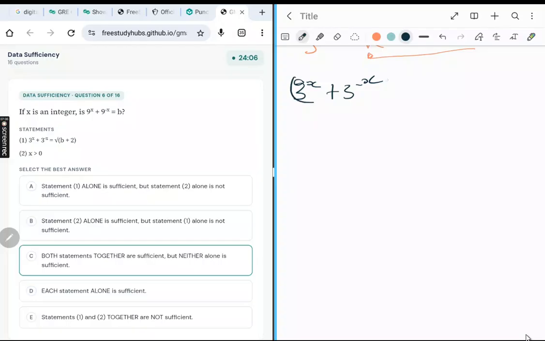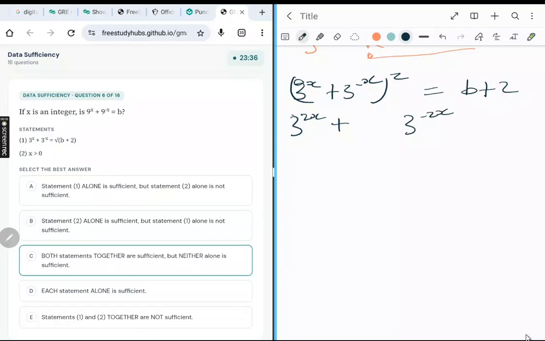If you make it square, this side becomes b plus 2. Let's start squaring. If we square here, it becomes 3 raised to the power 2s, plus 3 raised to the power minus 2s. That is, square this, square this.